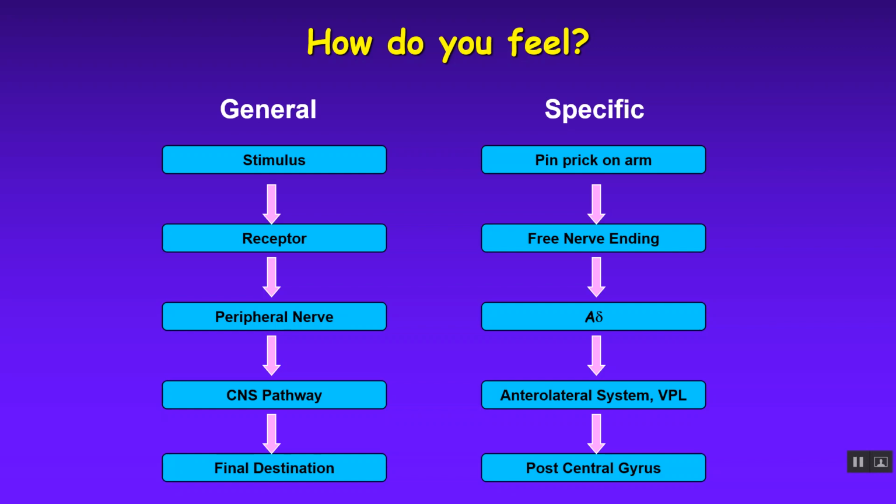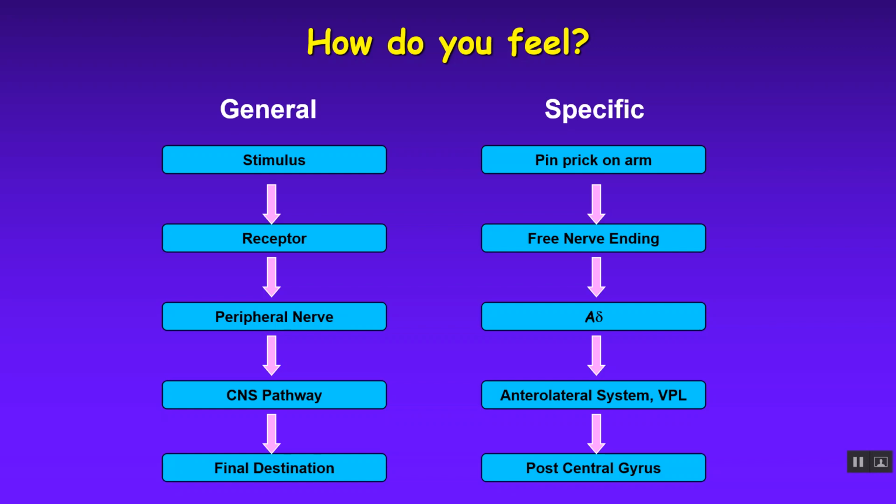A specific example is a pinprick on your arm that causes a little bit of pain, and that would stimulate a free nerve ending, which is what's typically stimulated when you have pain. That would go up a very specific type of axon in the peripheral nervous system, a certain classification of axon called an A delta, which is a fast pain fiber. It's a medium myelinated axon within one of those peripheral nerves.